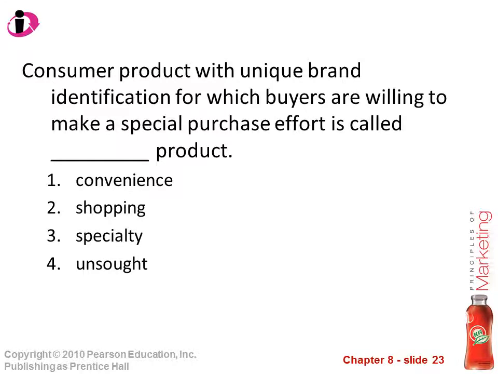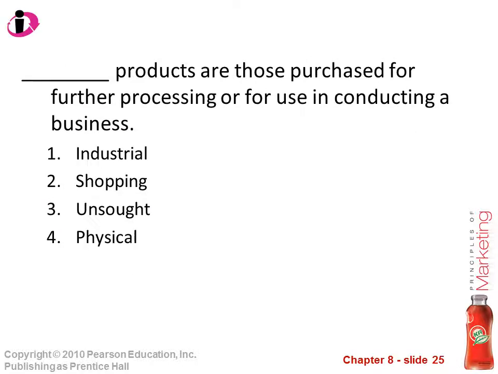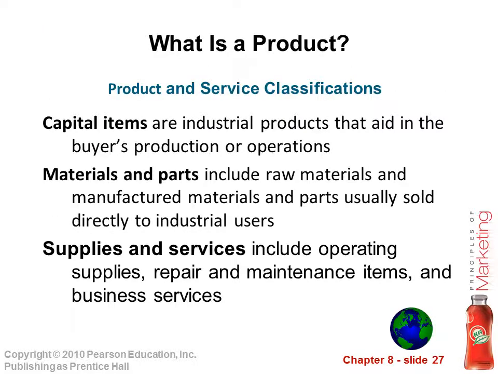Consumer products with unique brand identification for which buyers are willing to make a special purchase effort are called specialty products. And what products are those purchased for further processing or use in conducting a business? They are industrial goods, or industrial products.